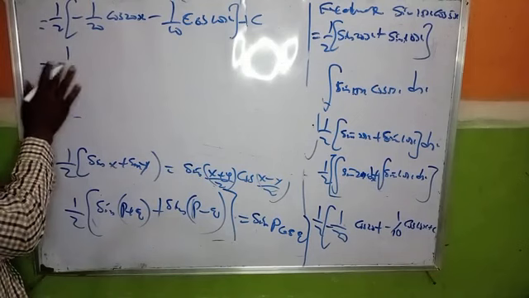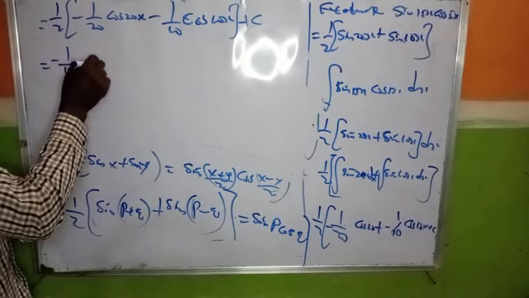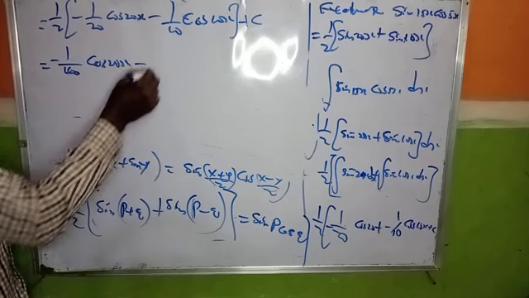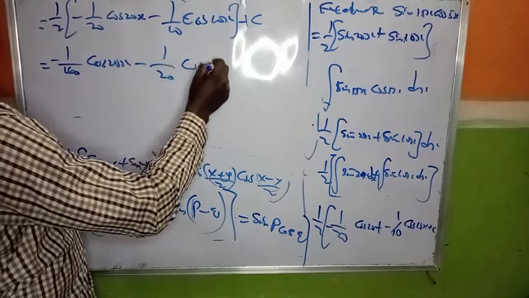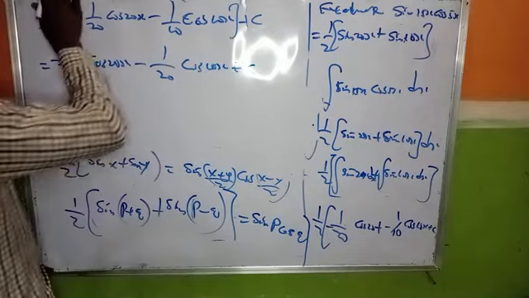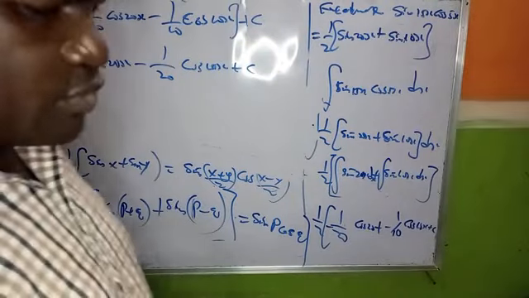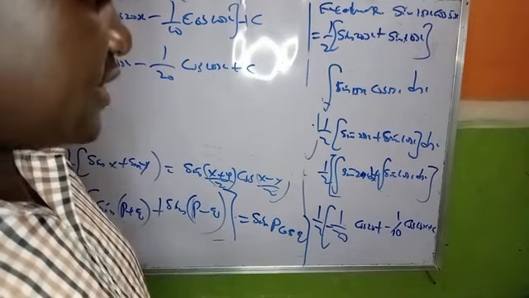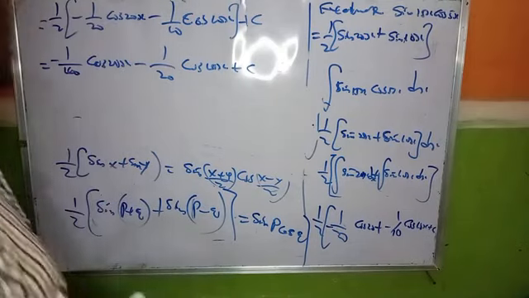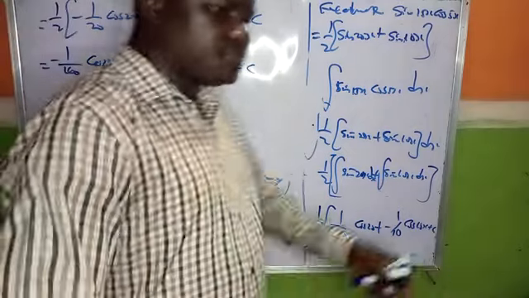If you multiply this with it, you have minus 1 over 40 cos 20x minus 1 over 20 cos 10x plus constant. So I'm just showing you the application of what we are doing. When you get to integral calculus, it is relevant. It's very relevant. So that is it.